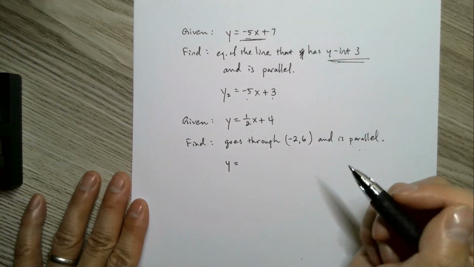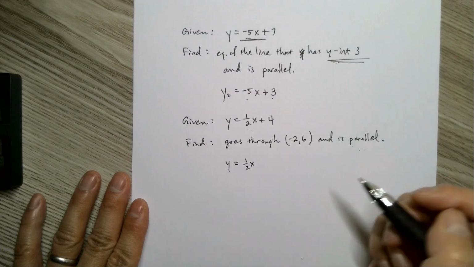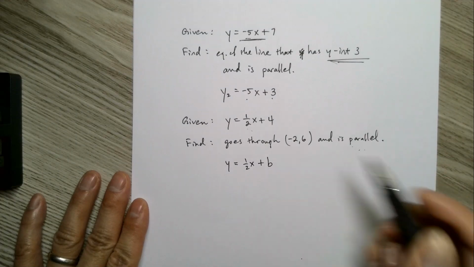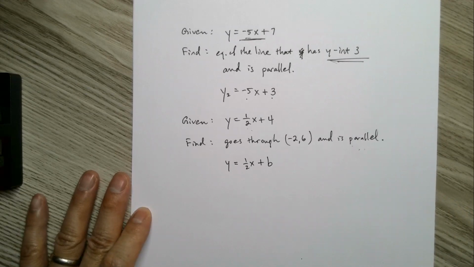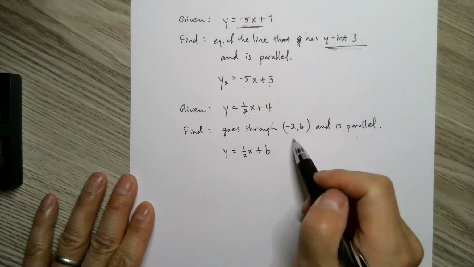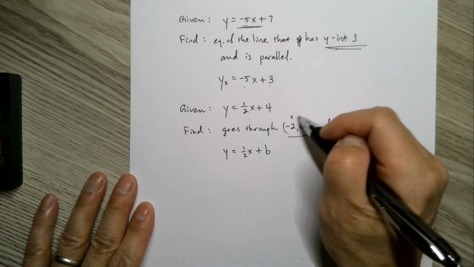It's 1/2. They did not give me the y-intercept, however, so I will just put a plus b here. They didn't give me the y-intercept, but what did they give me? They gave me a point, an x comma y point.